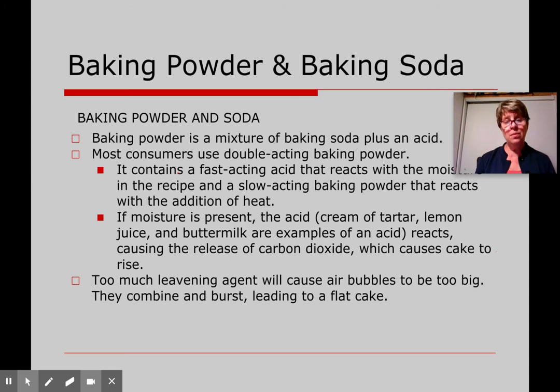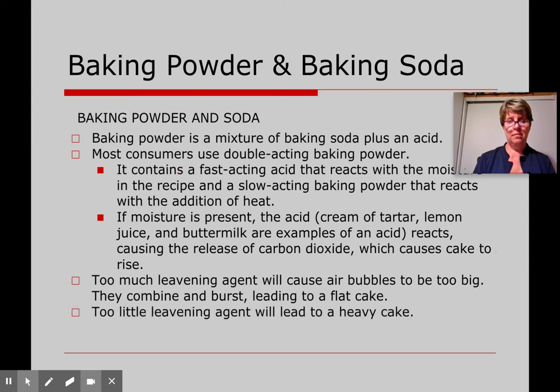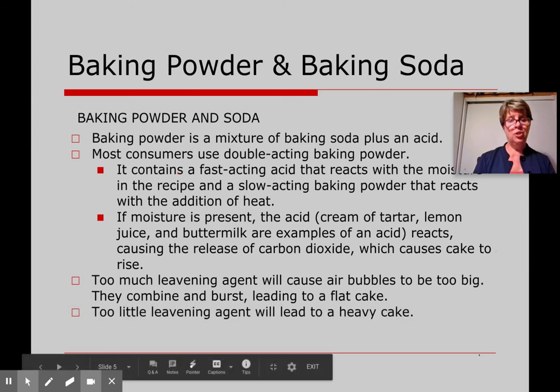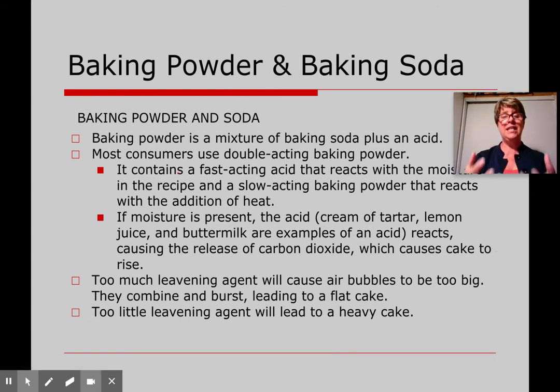Now, if you have too much leavening agent, it'll cause air bubbles to be too big, and they combine and burst, leading to, you got it, a flat cake. Too little leavening agent, if you don't have enough, will lead to a very dense, very heavy cake or biscuits or pancakes or whatever you're making.